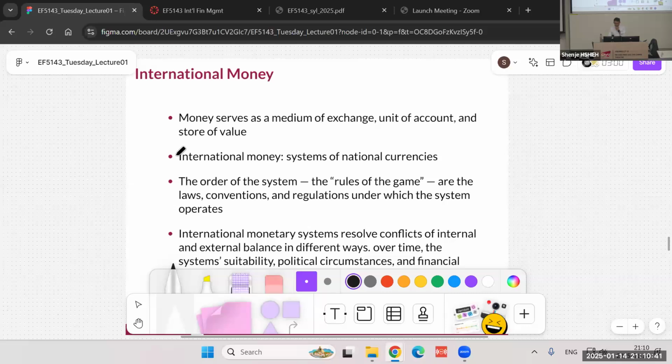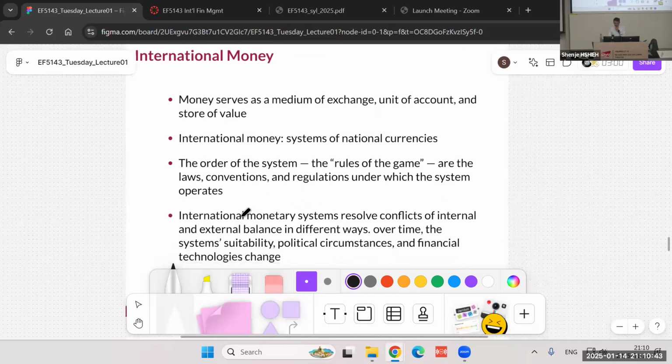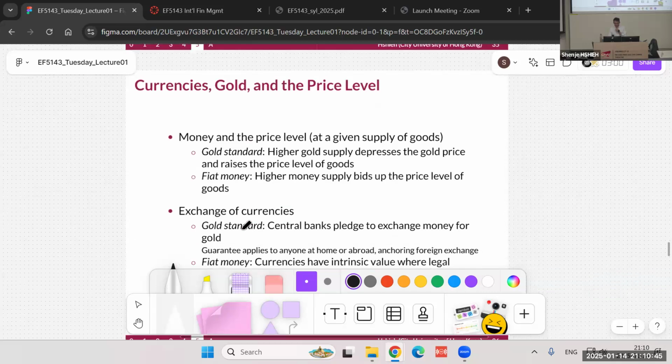From the 1700s or so, the gold standard is what countries abided by before World War I.